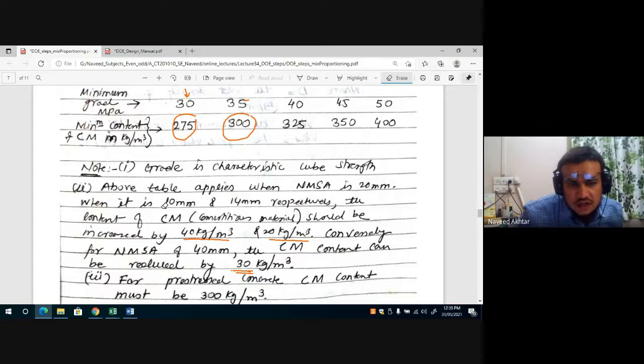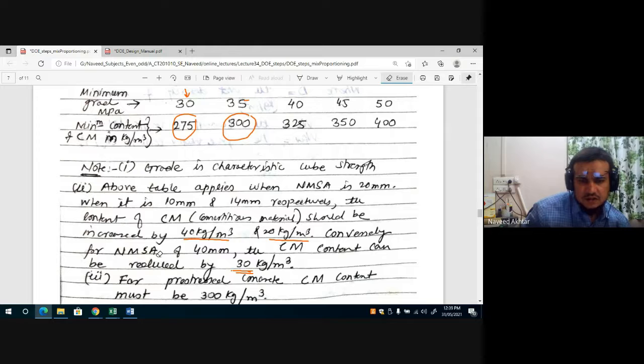So for 10 mm and 14 mm aggregate, you have to increase the cement content by 40 and 20 kg, because if you use a smaller size of aggregate, then the surface area increases. So for bonding, you need more cement. That's why for 10 mm it is 40 kg per cubic meter and for 14 mm it is 20 kg per cubic meter.